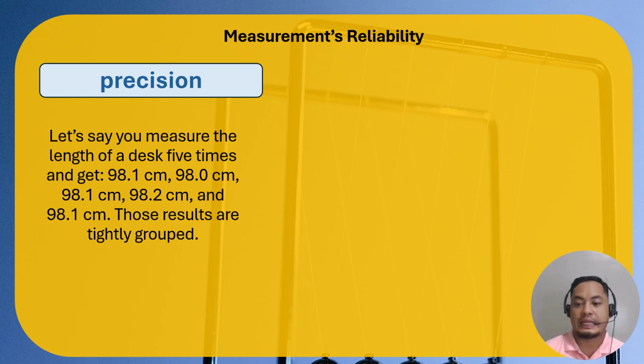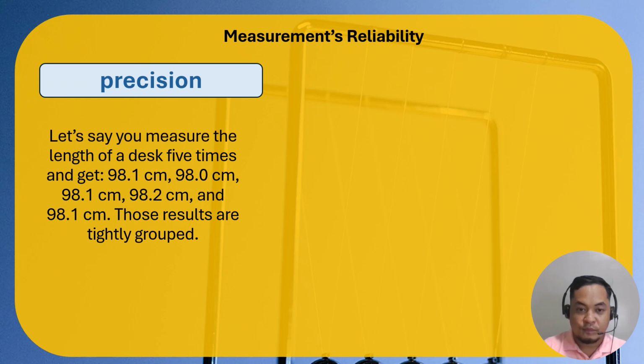Those results are tightly grouped. From the word itself, tightly grouped, meaning to say it's precise, right? The precision is very high in this case, very close together, right?